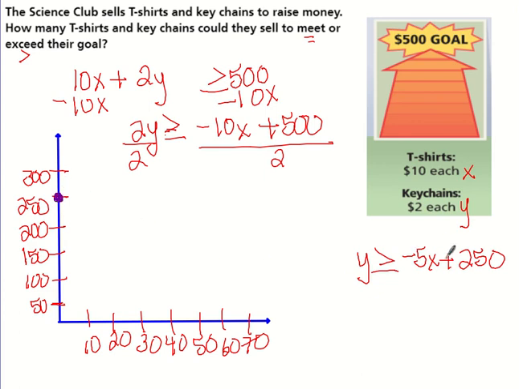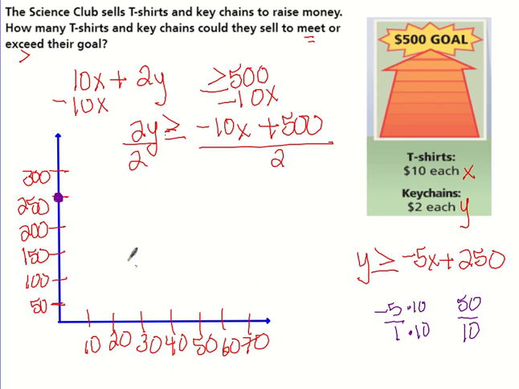Our slope is negative 5 over 1, but I'm going by 50s and 10s. So it's going to be a little trickier, right? So my axes are going by 50 to 10. That's its ratio. But we actually can times this by 10 and this by 10, and we get our 10 over 50.